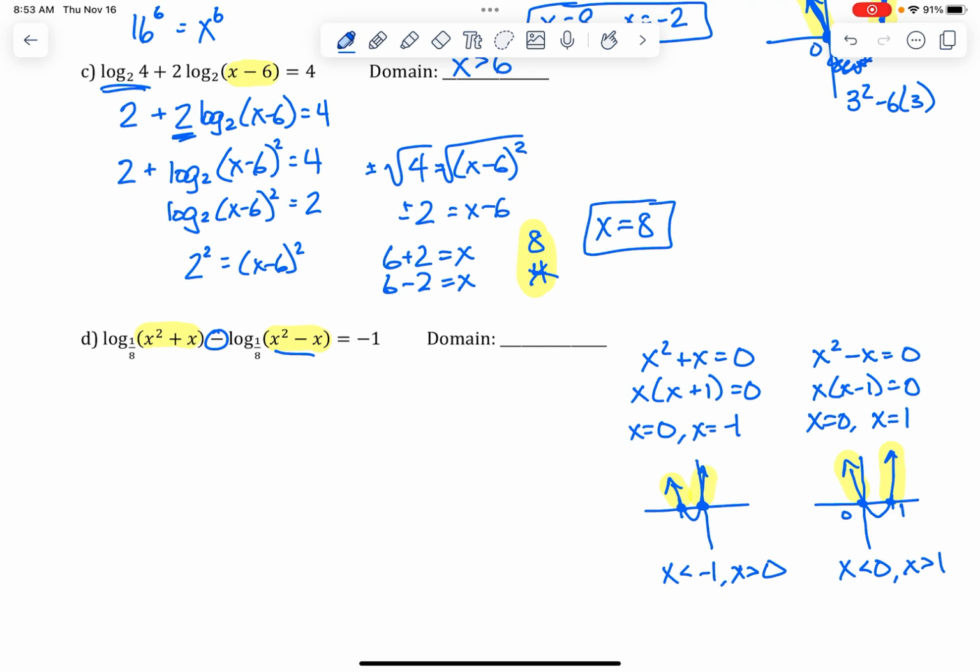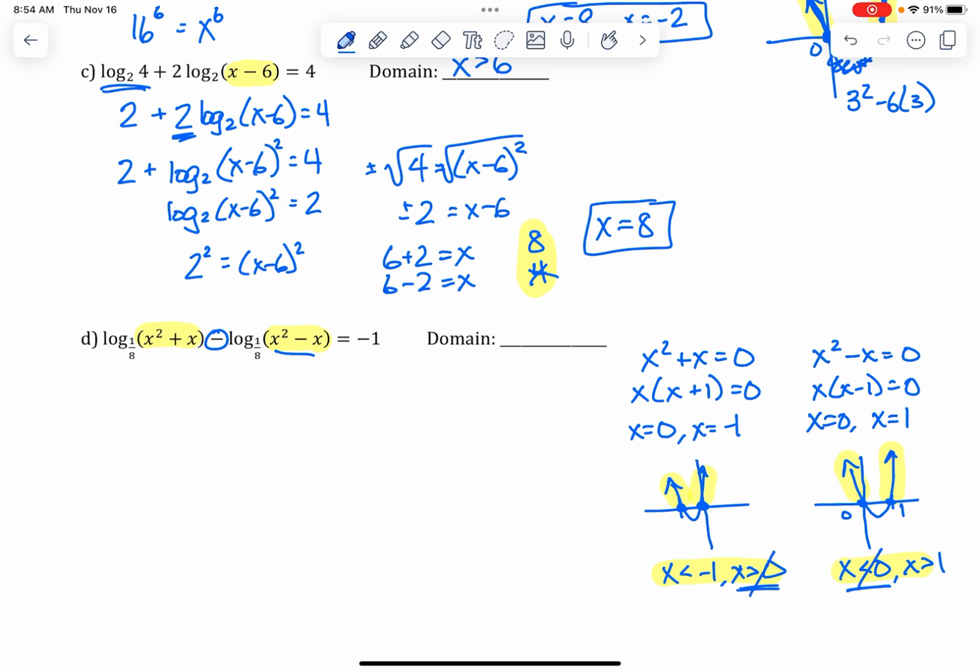So now you've got to combine these domains to see what overlaps. Here you have a situation where x has to be both greater than 0 and less than 0. Well, that can't happen, so we ignore that because there's no situation where x is both greater than 0 and less than 0.